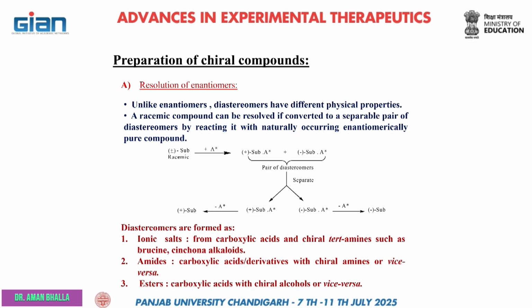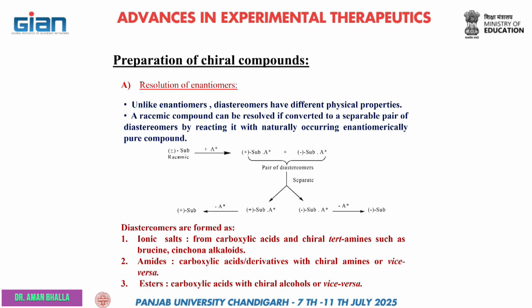Once you separate them, you take out the reagent which you introduced to make the diastereomer. So you remove the A star, you get your pure plus and pure minus, so you can further use them for the different activity. So this is your resolution.